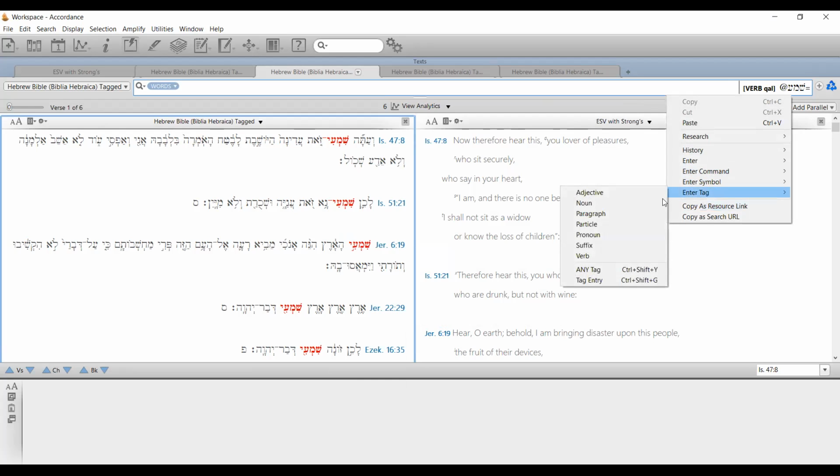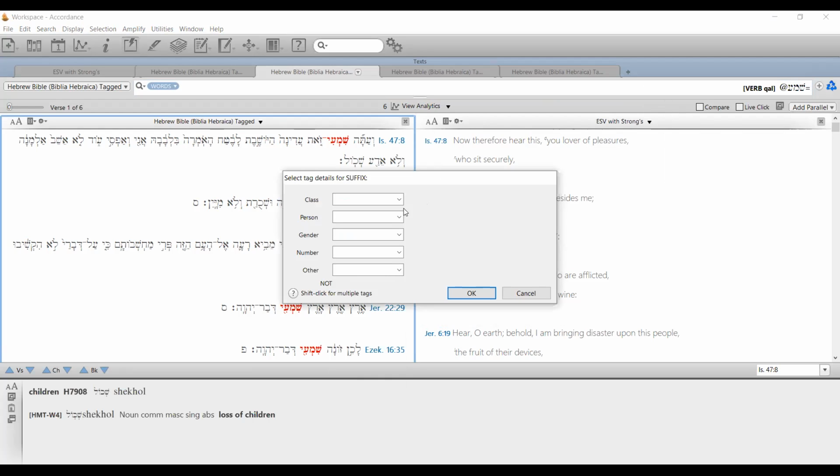I would like to look for the verb with the suffix, and the class of the suffix, let it be pronominal, person is second, gender, let it be feminine, because feminine is very rare, and plural is also very rare.